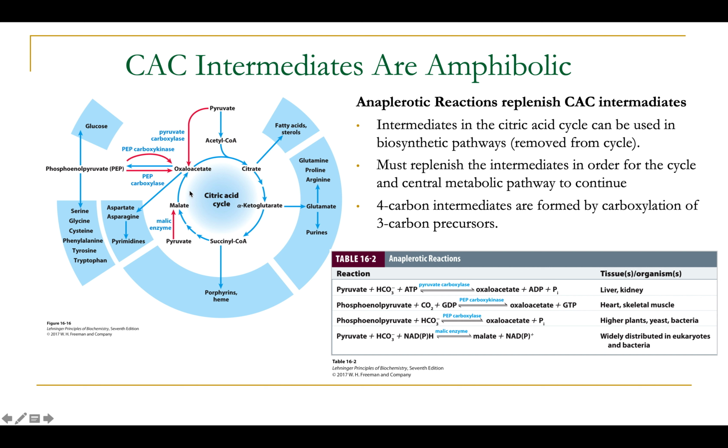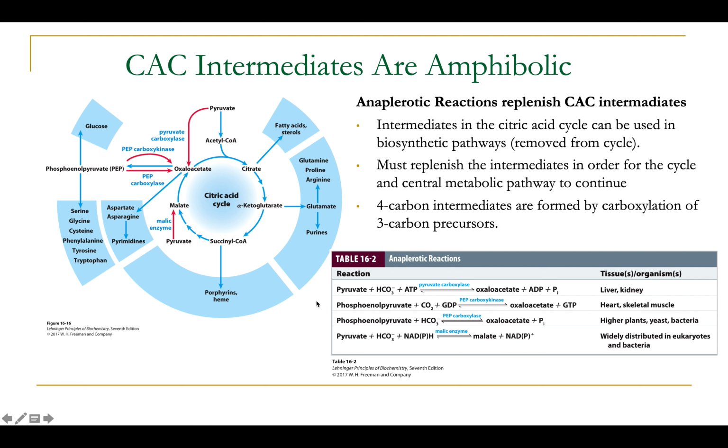This is accomplished through a network of biochemical processes called anaplerotic reactions that replenish essential intermediates of the citric acid cycle, so that it could act as an amphibolic pathway, working both ways, in catabolic fashion and in anabolic fashion.